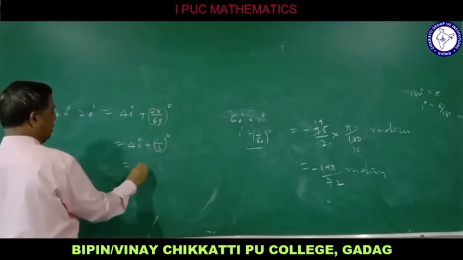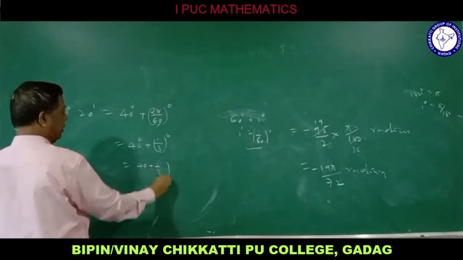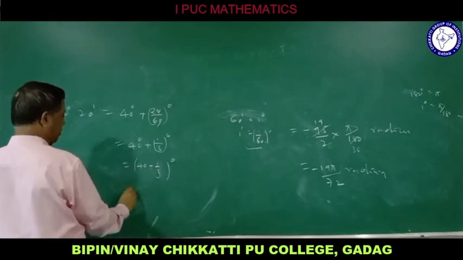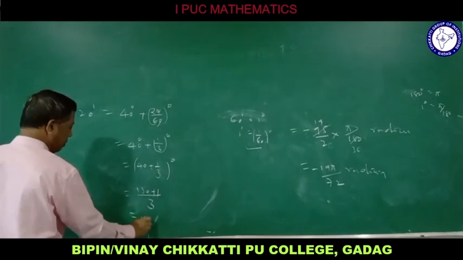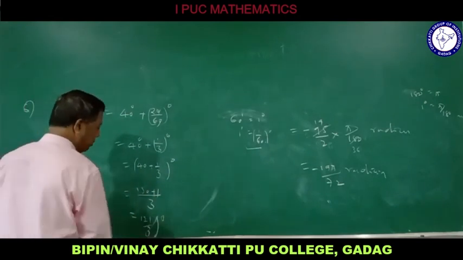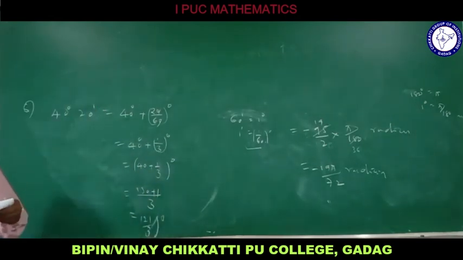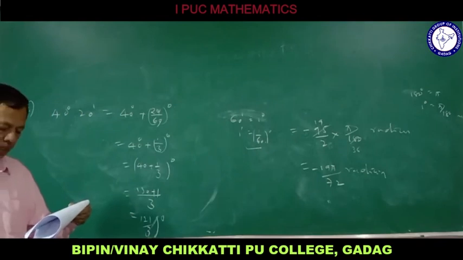So this is 40 plus 1 by 3 degree. So you have to take the LCM, and 120 plus 1. So that 121 by 3 degree, and accordingly you have to see.